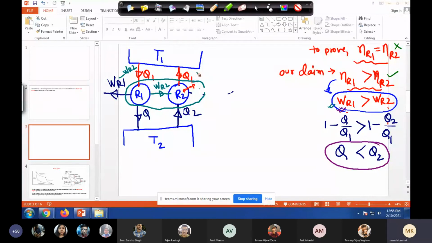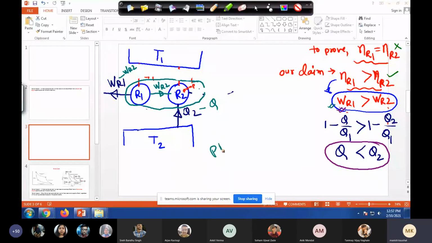Nothing. Q1 in, Q1 out. And what is the net heat interaction from T2? This is Q2 minus Q, right? So you can remove this also, because our combined equipment is taking Q2 minus Q.